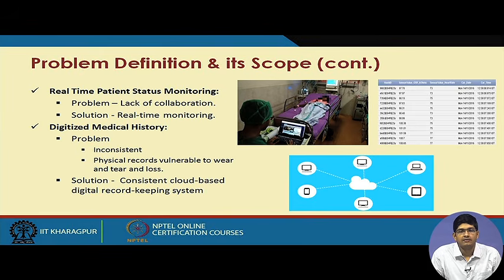Another problem that often arises is that of real time monitoring. For example, let us consider a case in which a patient is transferred using an ambulance from a primary or secondary care hospital in some town or rural area to a specialized clinic in the city. While the patient is going from the town to the city in the ambulance, the condition of the patient is not monitored at all.